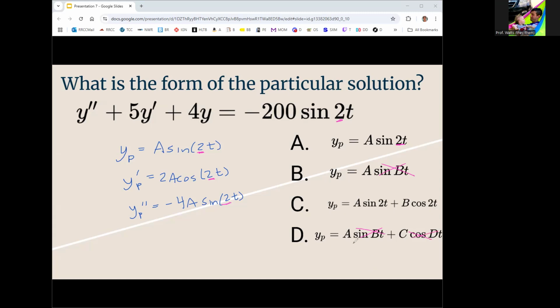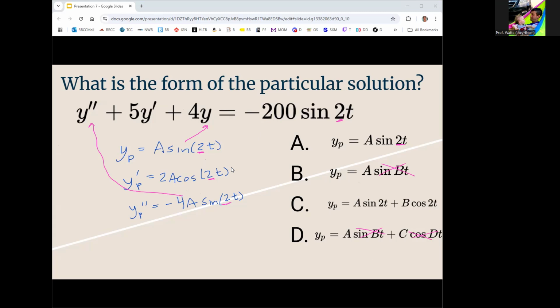Same with the coefficient in the exponent of a base e exponential. Now you also notice that if I were to substitute these in, the 4y and y double prime could add up to the term on the right because they're all sine of 2t, and with the right choice of A, I could get that equation to balance.